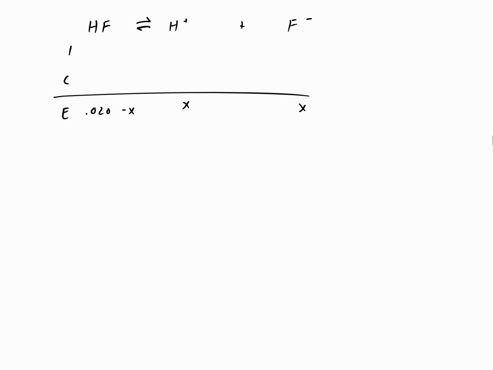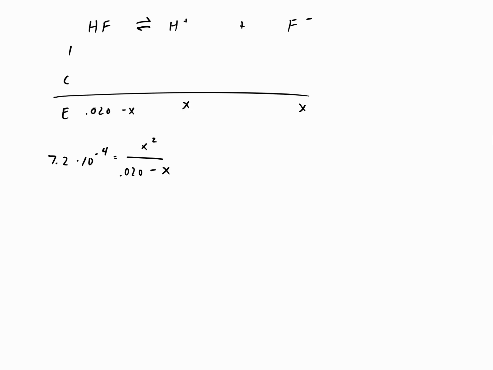Okay, so I'll write out my equilibrium again. This was 0.020 minus x. This is x. This is x. And so we're going to get 7.2 times 10 to the negative fourth equals x squared over 0.020 minus x.